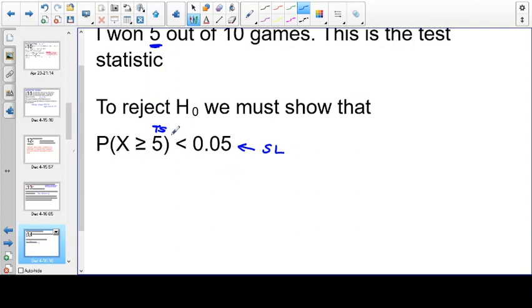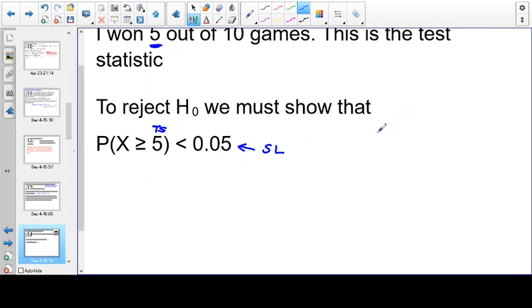If this is not less than 5%, then there will not be enough evidence to say that I've cheated. So that's what we're going to try and find.